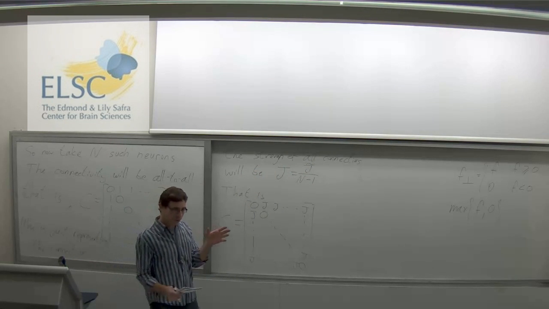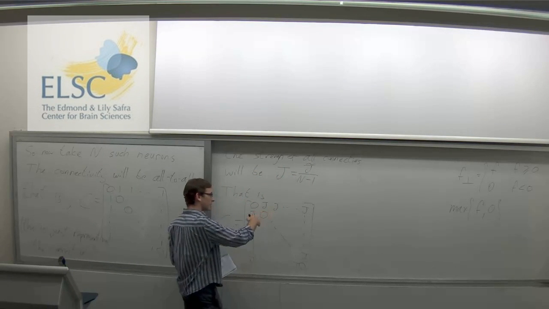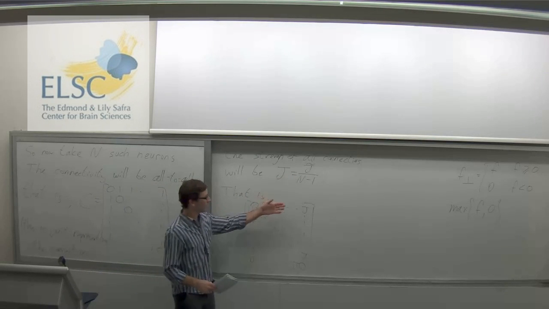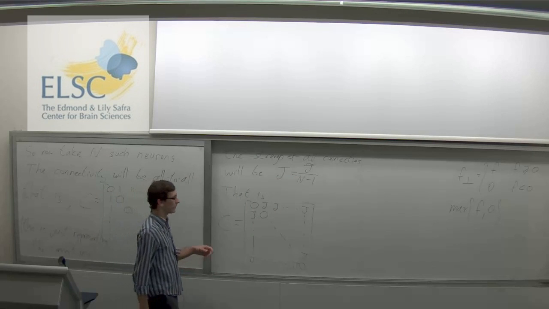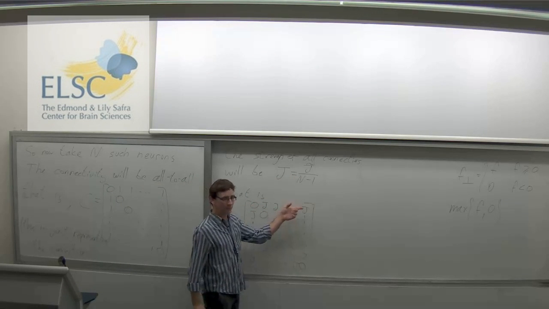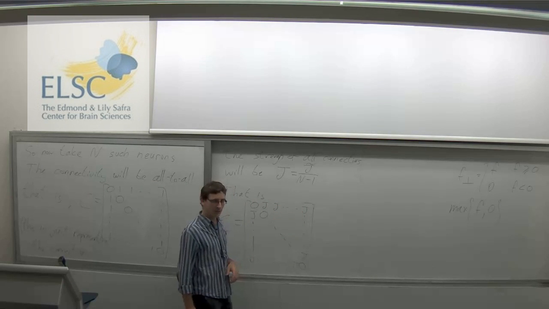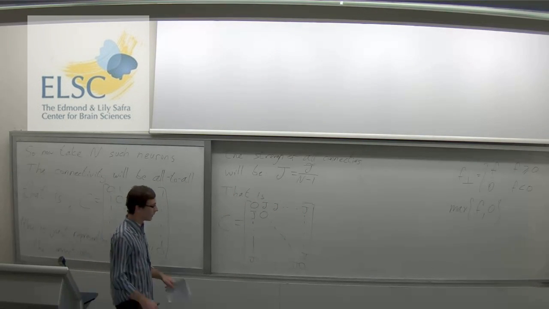J tilde won't change, but J will change because you normalize, so that if you sum each row, you get J tilde. That's the thing. Okay? Right.